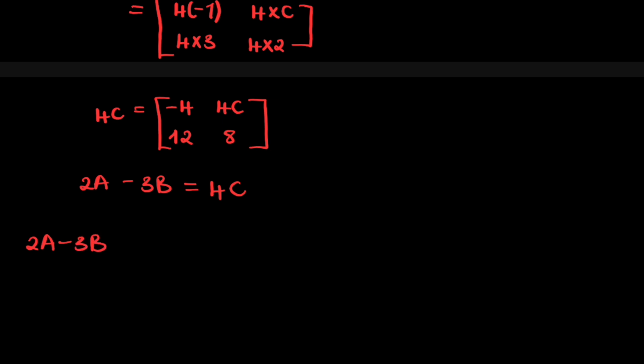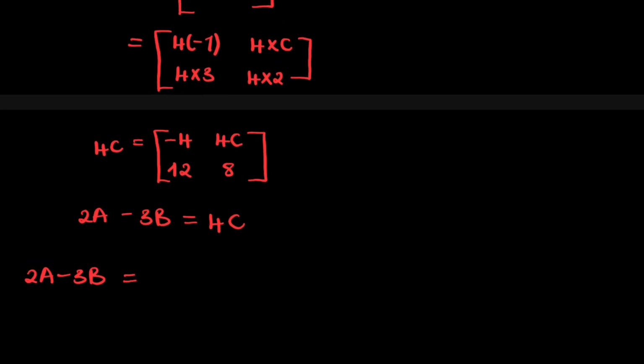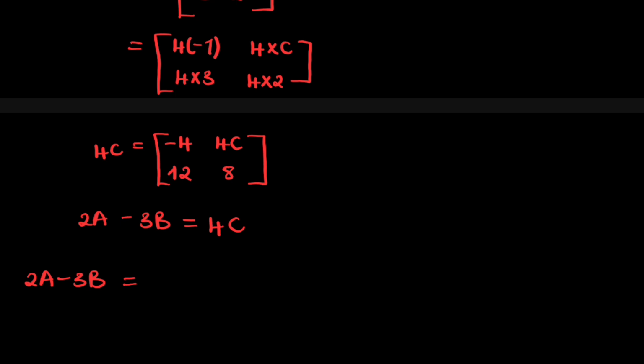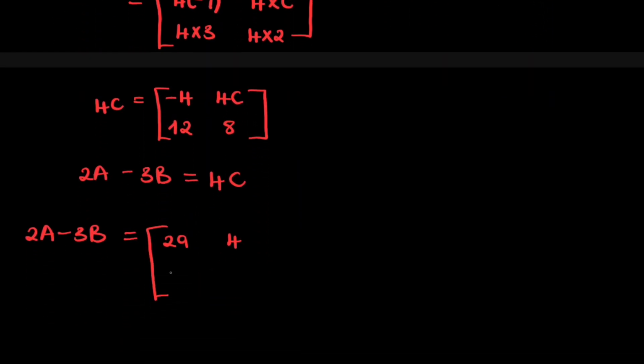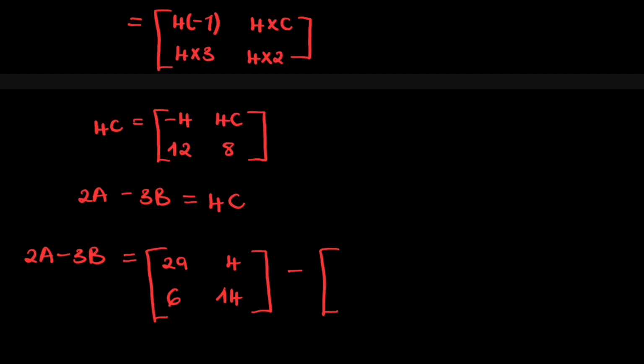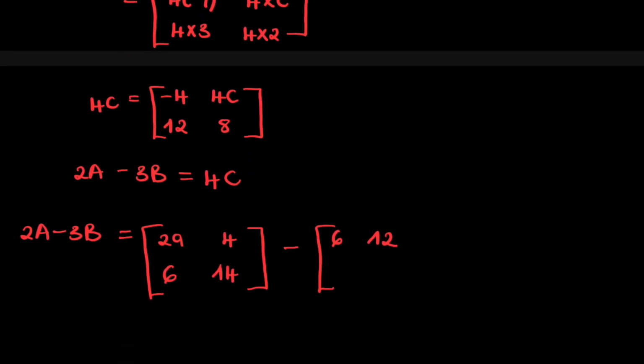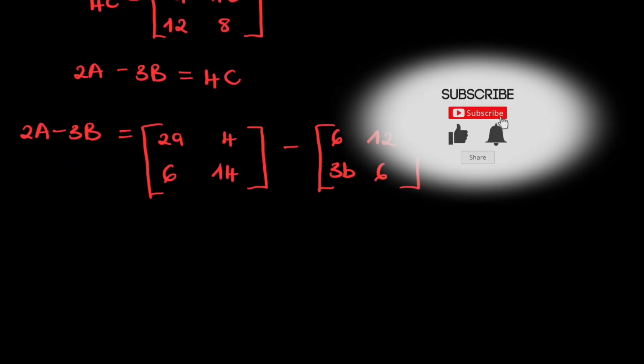So first, let us compute 2a minus 3b. What was our 2a? It was 2a, 4, 6, and 14. And then minus, what is our 3b? 6, 12, 3b, and 6. So that is our 3b.